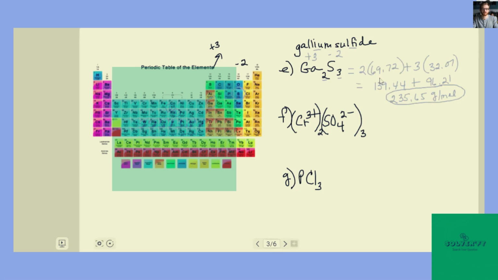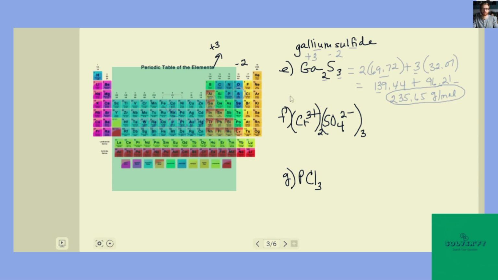That's 69.72. We're going to require 2 of those. 3 sulfurs, each of which have a 32.07 molar mass. We crunch the numbers. I've sort of, again, broken them down individually. We get an overall formula mass for gallium sulfide at 235.65 grams per mole.